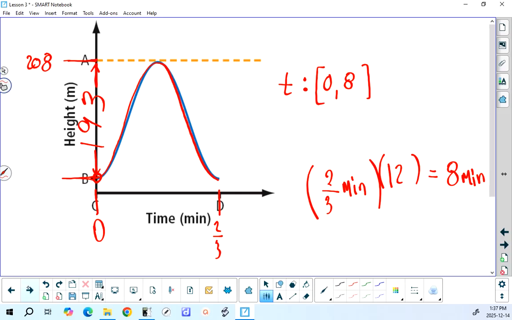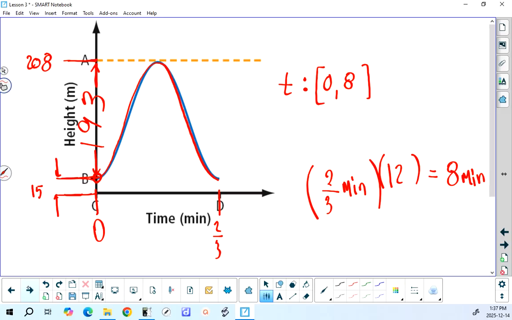Well, we can then figure out what this little distance is here, which is the height of the bottom of the Ferris wheel above the ground. You take 208 minus 193. I believe that's 15 meters. So this little distance is 15 meters, which means that the lowest value of your height is 15.